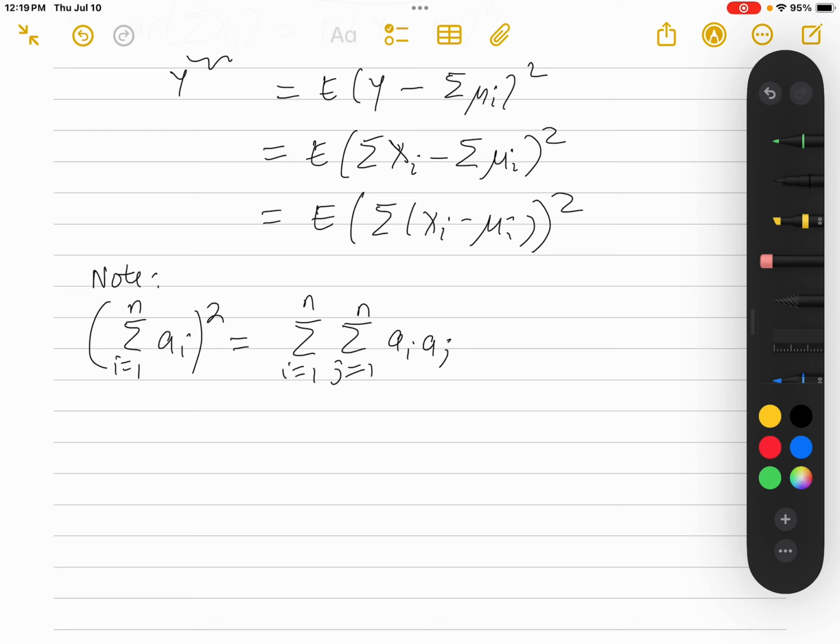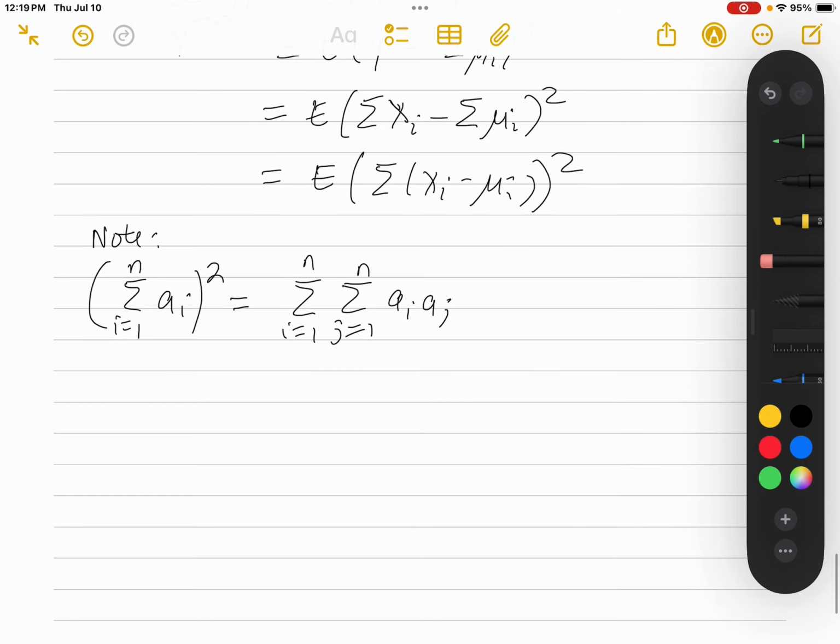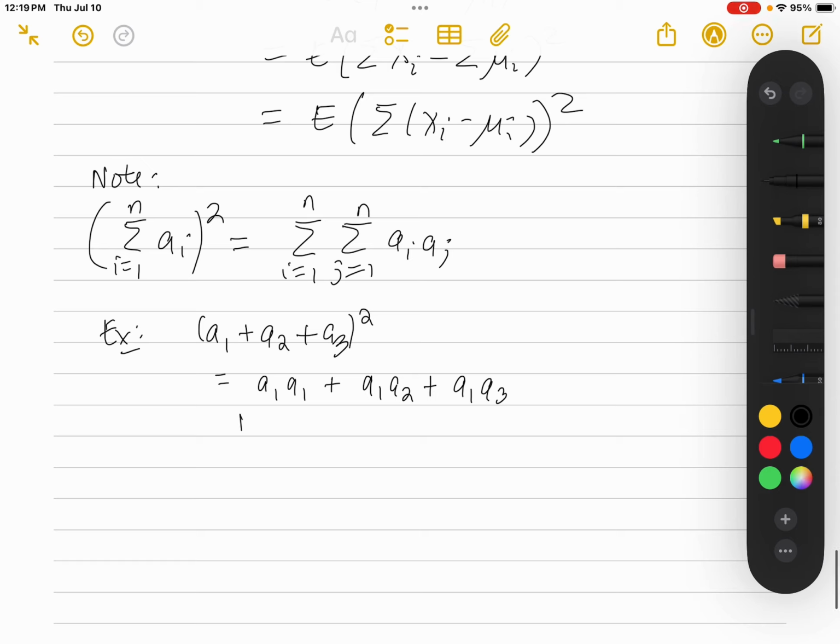So why is this true? Let's look at an example to explain. If we have a1 plus a2 plus a3 in parentheses squared, so this is when n is 3, then this is going to be a1 times a1 plus a1 times a2 plus a1 times a3 plus a2 times a1 plus a2 times a2 plus a2 times a3 plus a3 times a1 plus a3 times a2 plus a3 times a3.